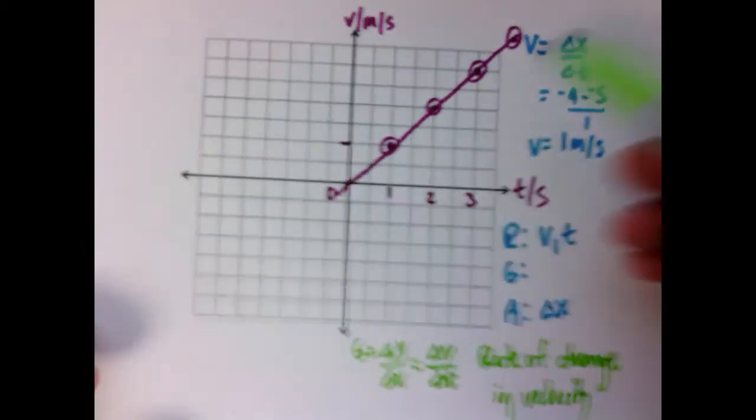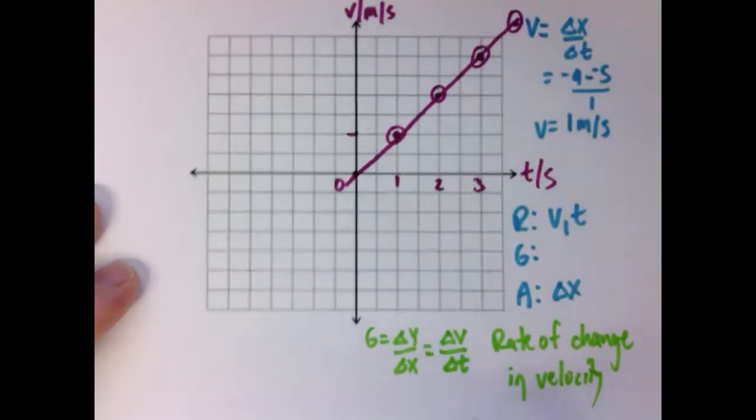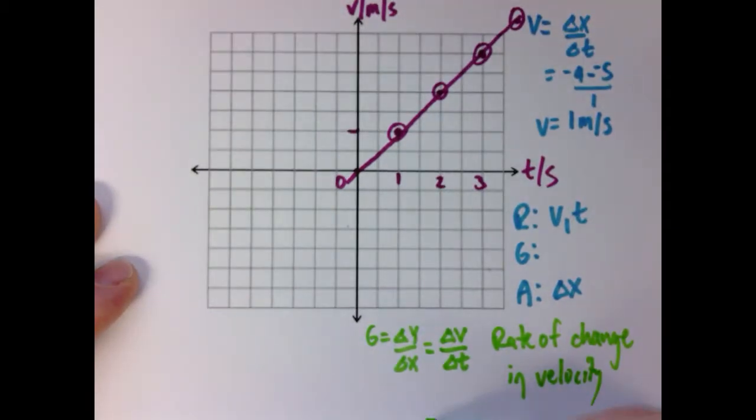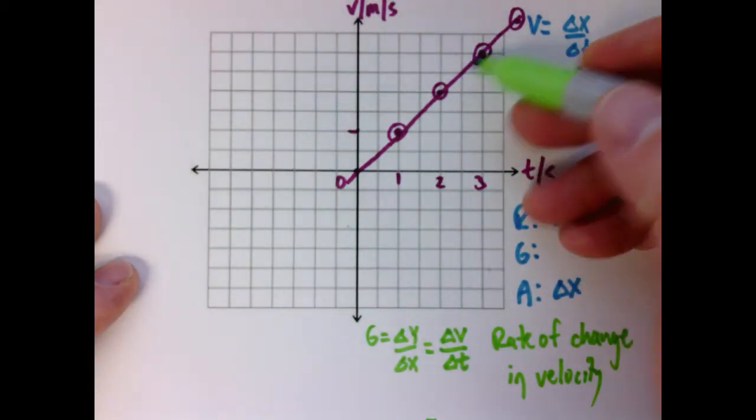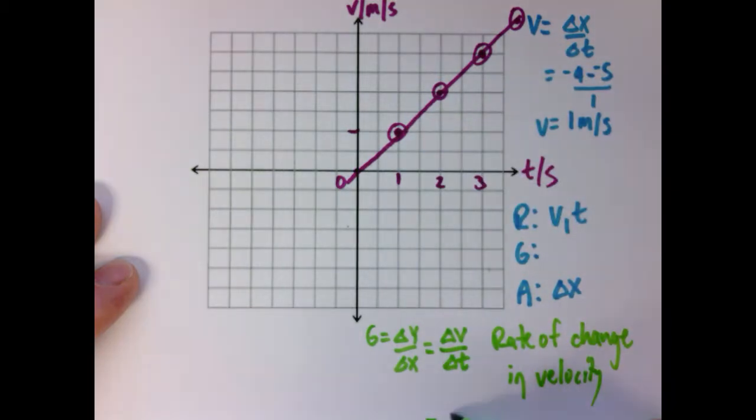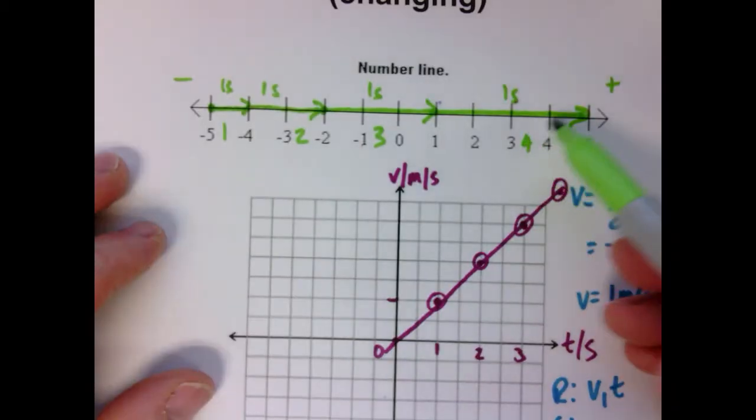So if we were to compute the rate of change in velocity, we could actually do a delta v. It ended at 3, started at 1, so we have 3 minus 1 over 2 seconds is the time interval. We end up with 2 over 2, or 1. The gradient is 1. Well, what was happening by 1?